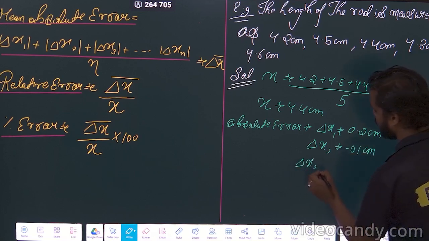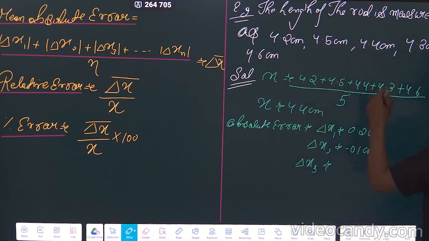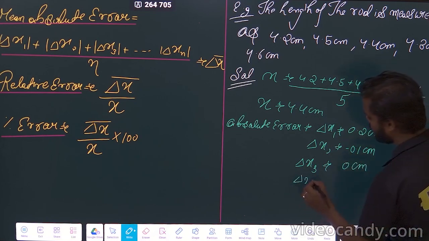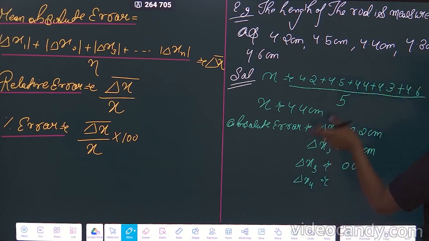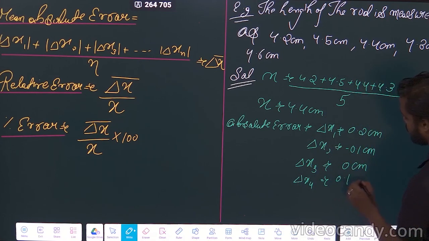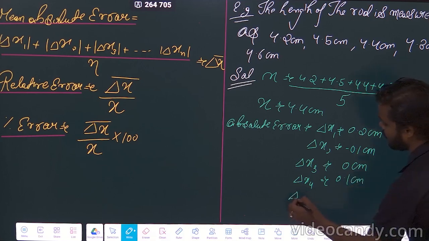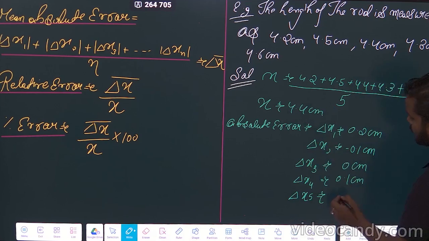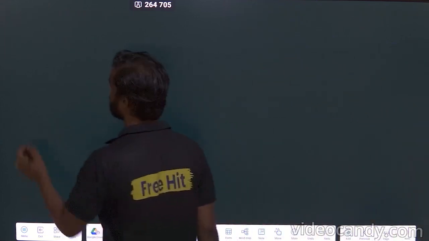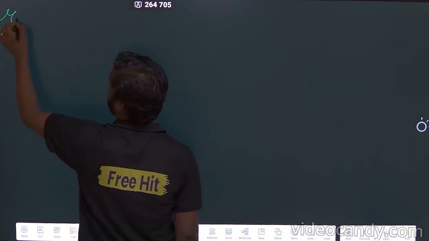Then delta x3 is 0 centimeter. Then delta x4 is 0.1 centimeter. And delta x5 is 0.2 centimeter. So that is my absolute error. Then what you have to calculate after the absolute error is the mean absolute error.